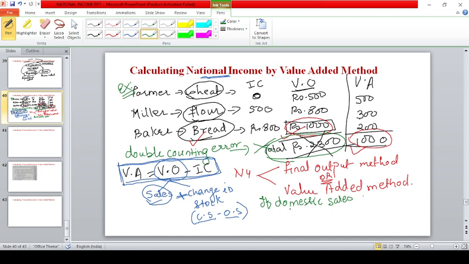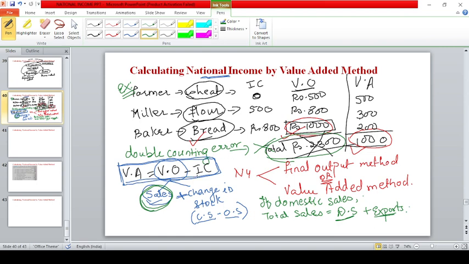So if domestic sales is given, for total sales you have to calculate domestic sales plus exports. Exports are the sales that you have done outside the country. So total sales is equal to domestic sales plus exports. So this was all about sales.